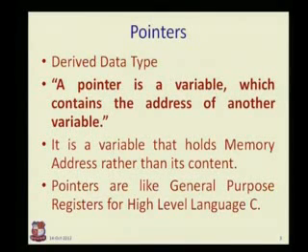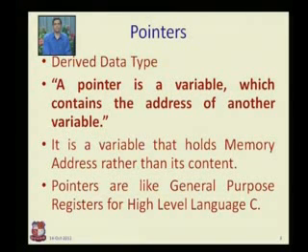So how to define a pointer? A pointer is a variable which contains the address of another variable. It is a variable, but it is not containing the value, it is containing the address of the variable.